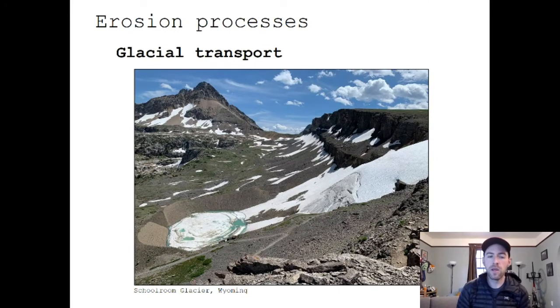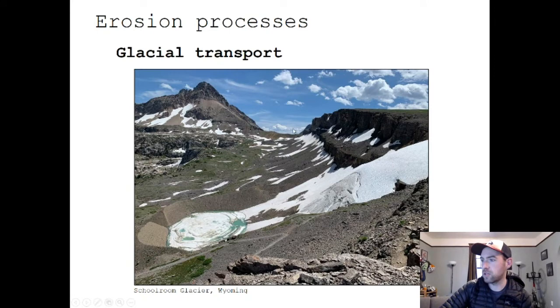So the first one that we'll talk a little bit about is glacial transport. Again, we'll have a whole section on glaciers. Glaciers can be the agent of weathering, right? They can grind material up and abrade and create smaller particles, but then they can also move those small particles out of the system, right?